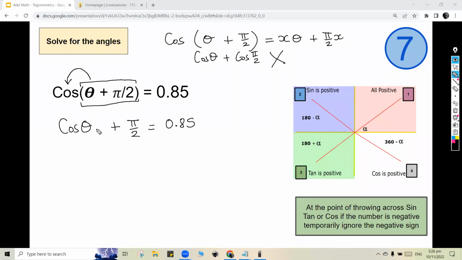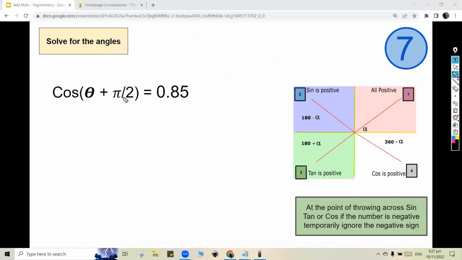In this one here, only the theta is being held hostage. This pi on 2, he's free. So if you had to throw him across, you could, and get negative pi on 2. But in this one, you cannot move the theta or the pi on 2 until you get rid of cosine.